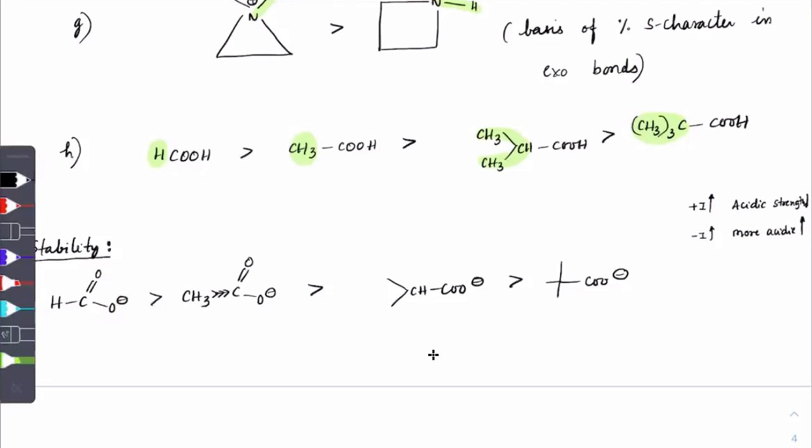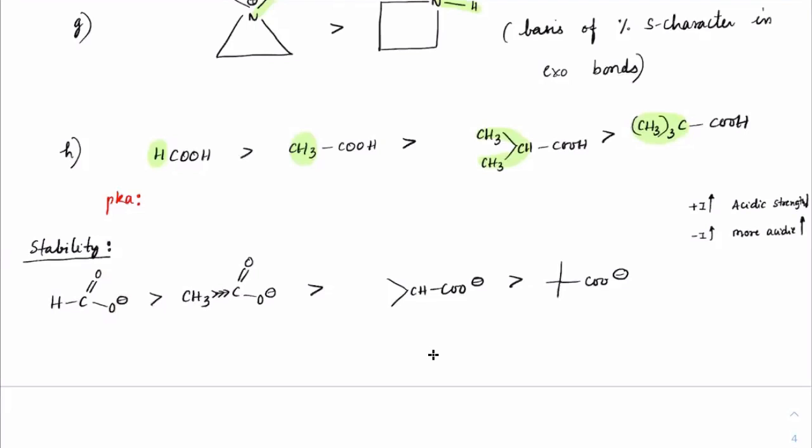Okay, students, if we compare the pK values of the same, formic acid has approximately around 3.8 pK value. Acetic acid, you may have compared this in ionic equilibrium a lot of times, is around 4.76. Isopropyl acid has 4.86. Tert-butyl carboxylic acid has around 4.88.